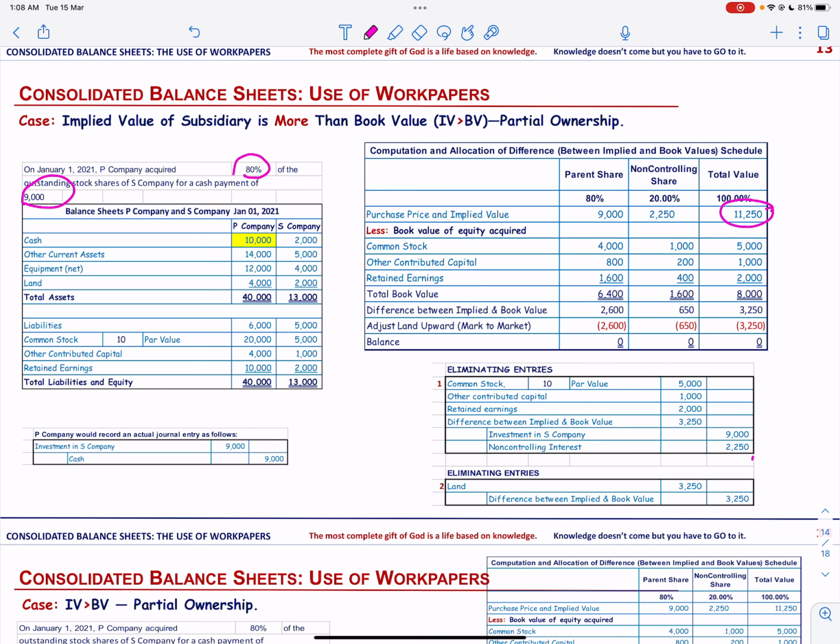The implied value of non-controlling interest is 2,250, that is 20% of 11,250. The total implied value of 11,250 exceeds the book value of the equity of 8,000 by 3,250. The entire difference is attributed to land.